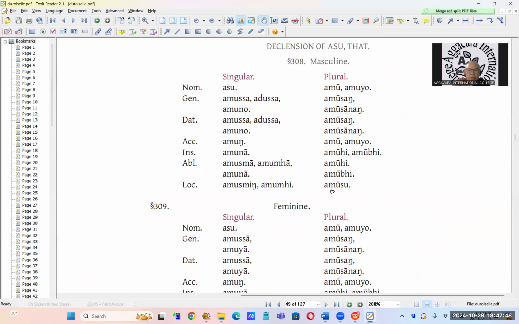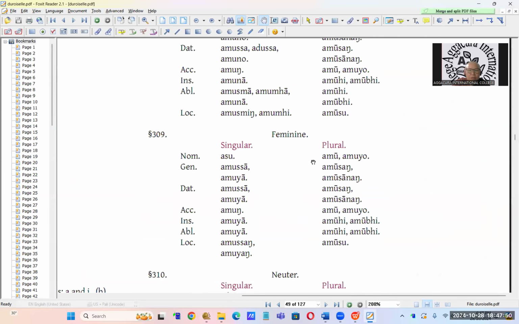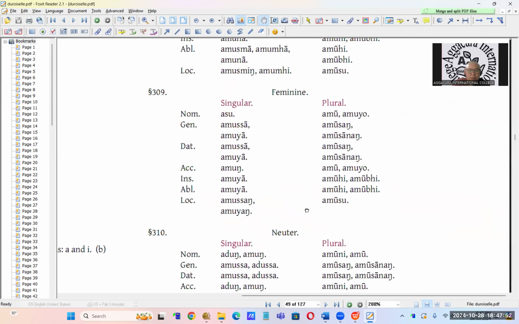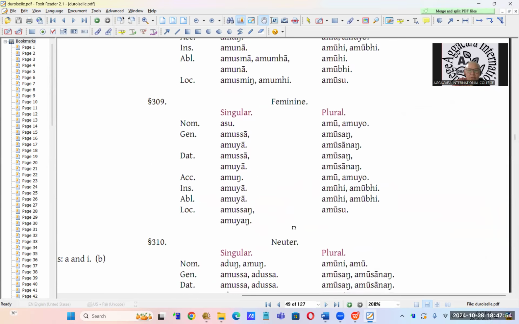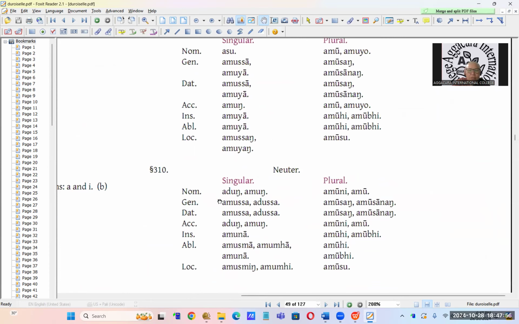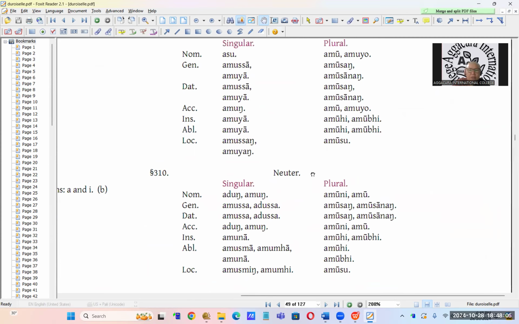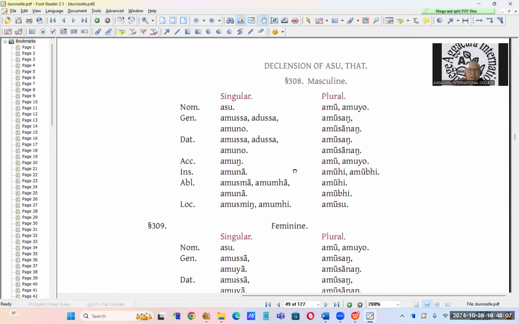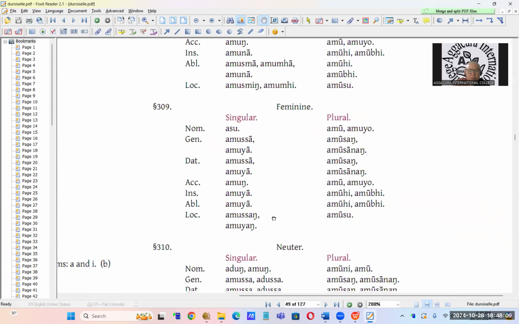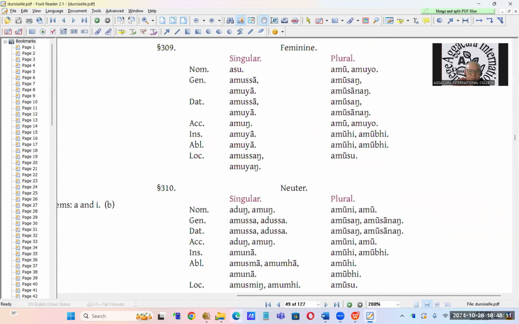Amu, amu, asu. Asu is the first one. Feminine, yeah, it's only the first one. But for neuter, you get another one, adu. Amu, adu. You have another one, adu, for the neuter. So M can change to S, and these are adu, adum.